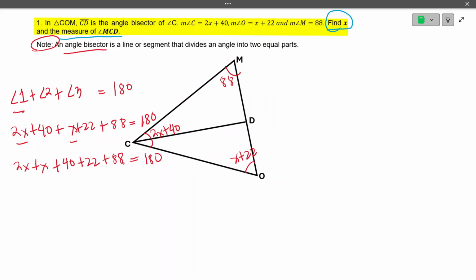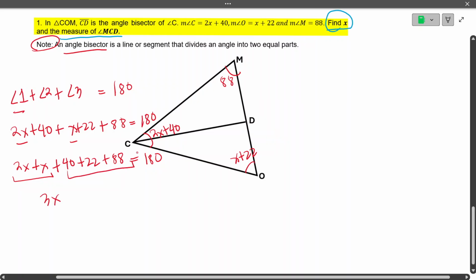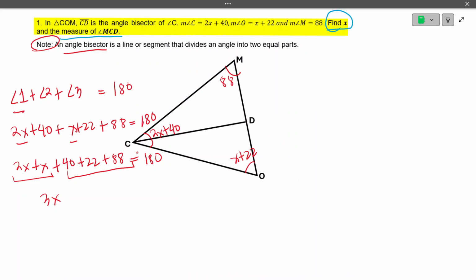It's 150. Equals 180. Now, we just copy 180.